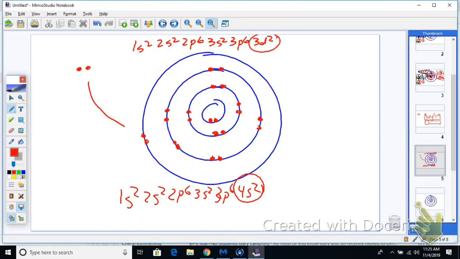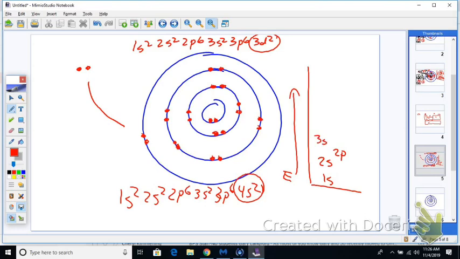Here's a bit of information you don't know: if you had an energy chart going up, it starts out at 1s2, and then that one fills, and the next part of the energy chart is a 2s. Then you have a 2p that's a little higher in energy, then a 3s that's a little bit higher than a 2p, and then a 3p that's a little bit higher.